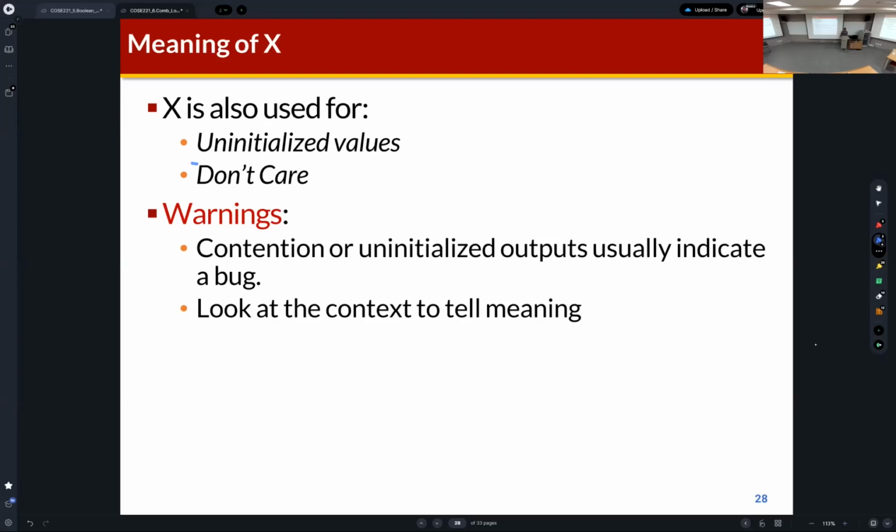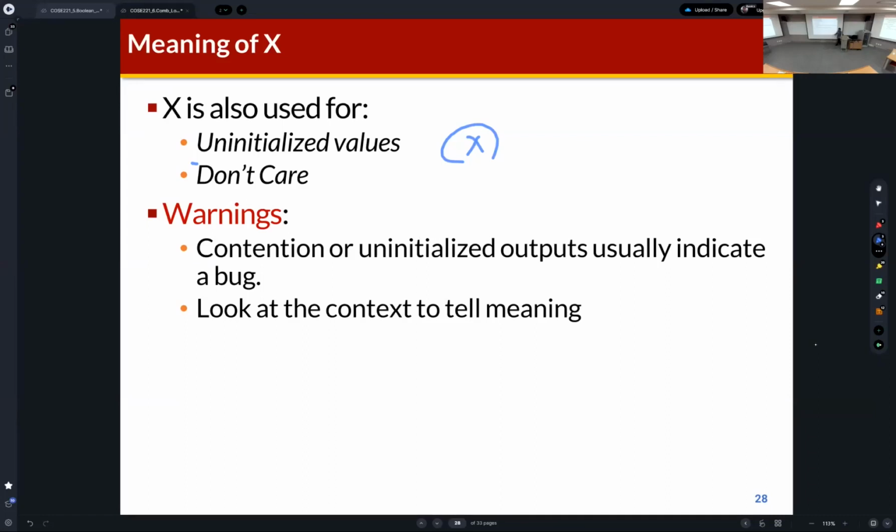Also, we can use X for the uninitialized value. We will learn about system variables, and in order to verify the system module, we need to check the waveform. If the signal is not initialized, the waveform represents the signal using X. So X represents different meanings, and we need to understand the real meaning of X based on the context.